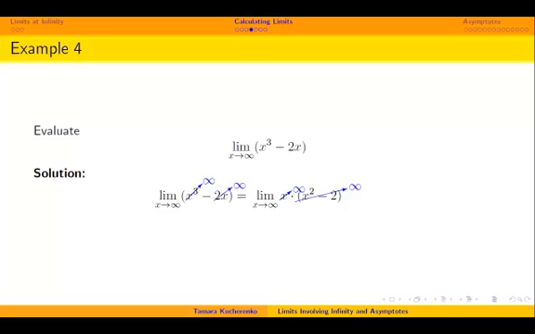Thus the product becomes arbitrarily large, and the limit is infinity.